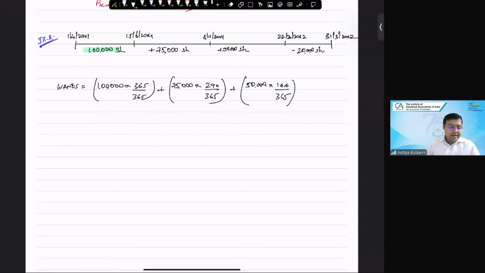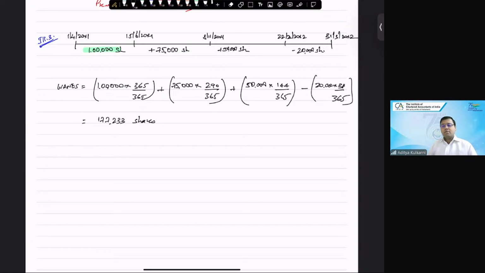And then these 20,000 shares, they were not present for how many days? 38 days, right? They were not present for 38 days. So minus 20,000 into 38 by 365. So if you do this, you will get 177, 233 shares. Any doubt so far?